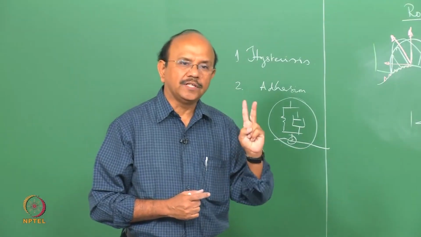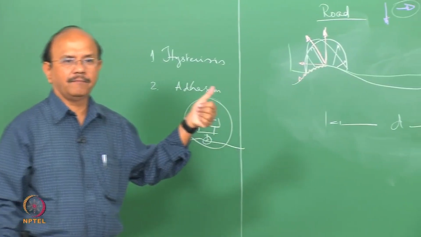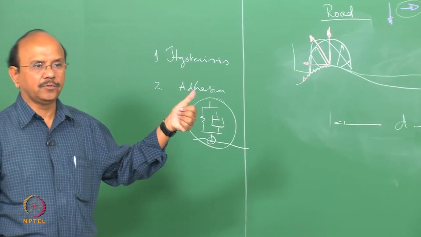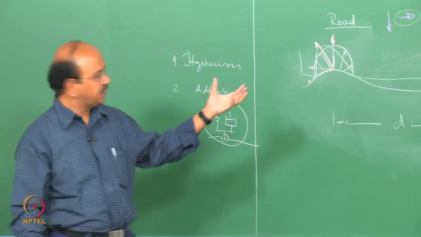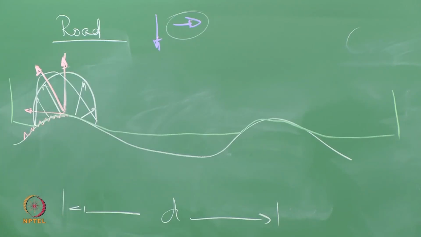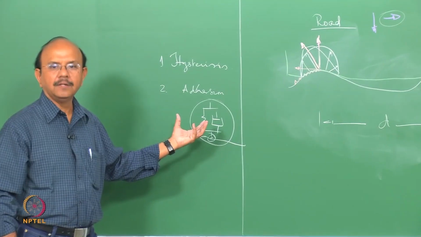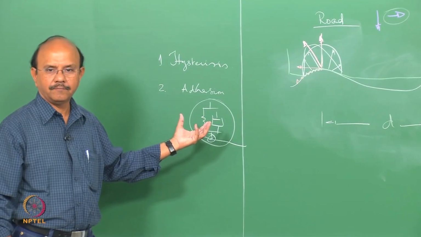So in other words, there are two things that contribute to what we call friction. One is the hysteresis loss, and the other is this kind of micromolecular interactions.